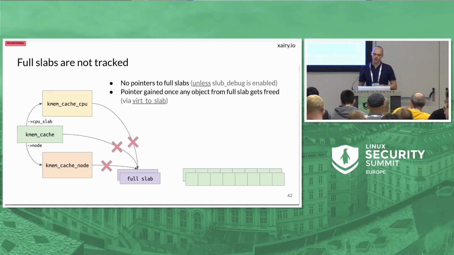For example, the way cross-cache attacks work is, let's say you have a use-after-free reference to an object slot within the slab. They take the whole slab, they free everything else in there, they free it back to the page allocator, and they allocate it as a slab for a different cache. As a result, you might have a use-after-free reference to certain memory, which was originally a slab for cache type A, and at the end you have a reference to cache type B, which allows you to do a lot of fun things.